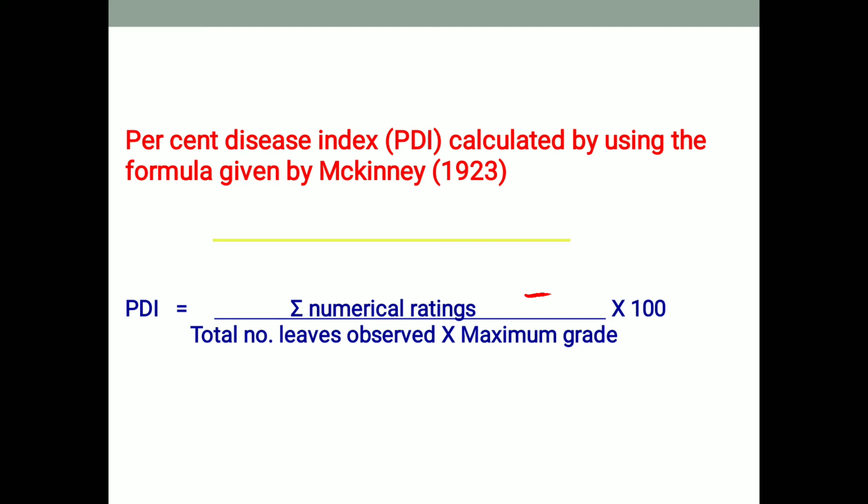When we solve the examples based on PDI, at that time we discuss the meaning of numerical ratings, total number of leaves observed and maximum grade. That formula was given by the scientist McKinney in 1923.